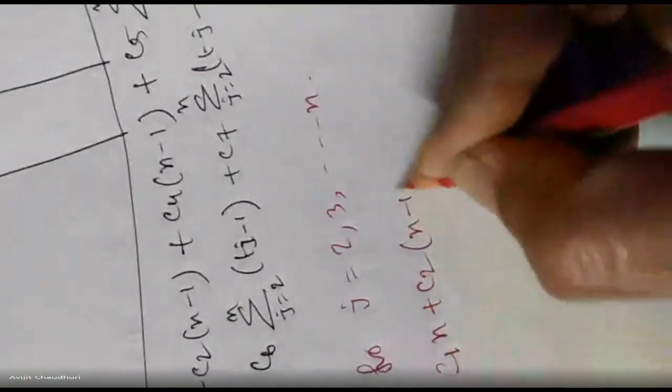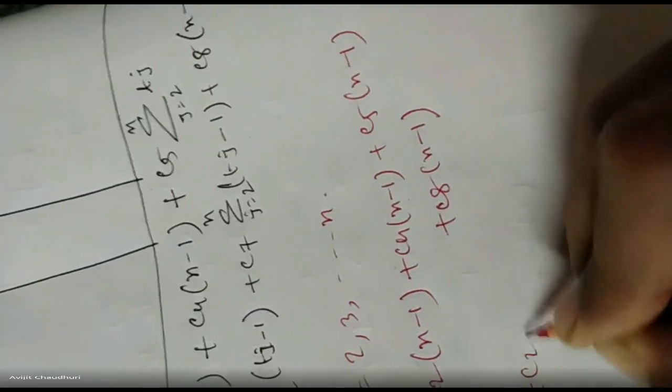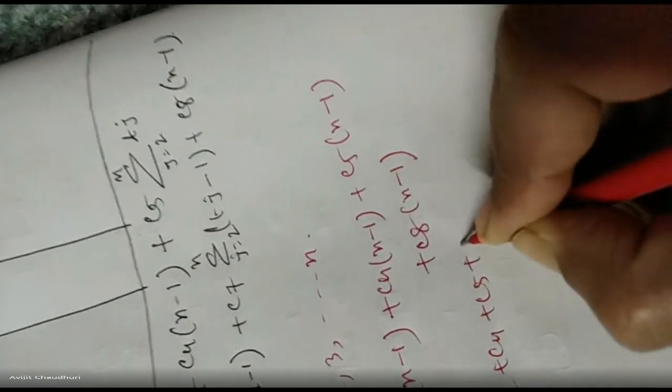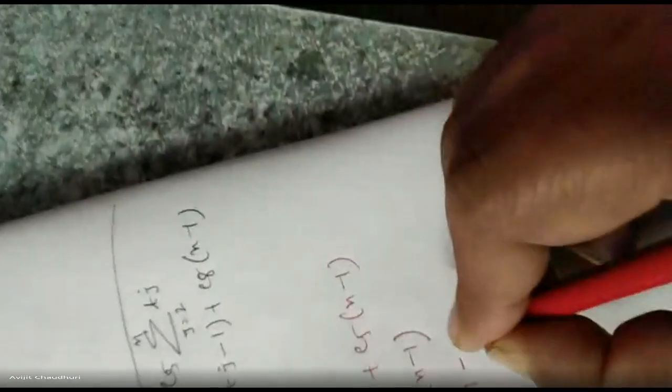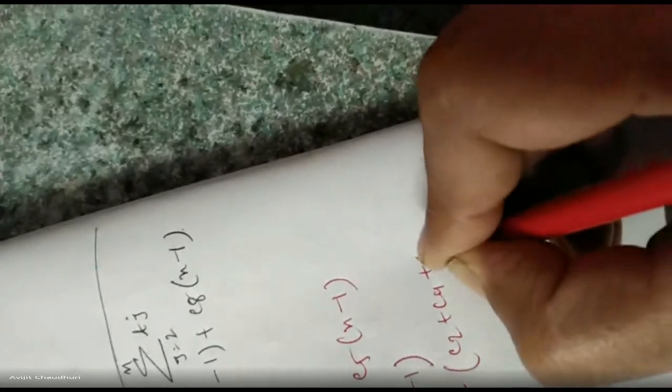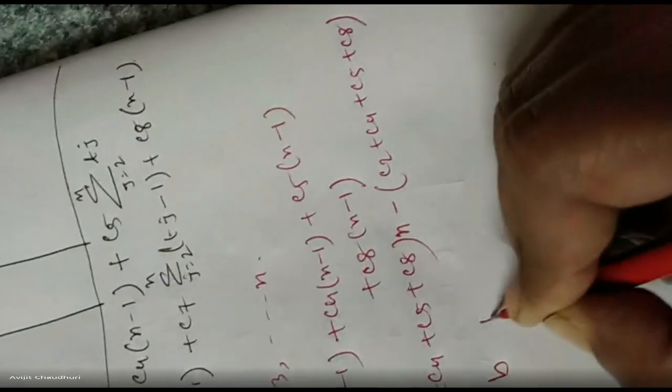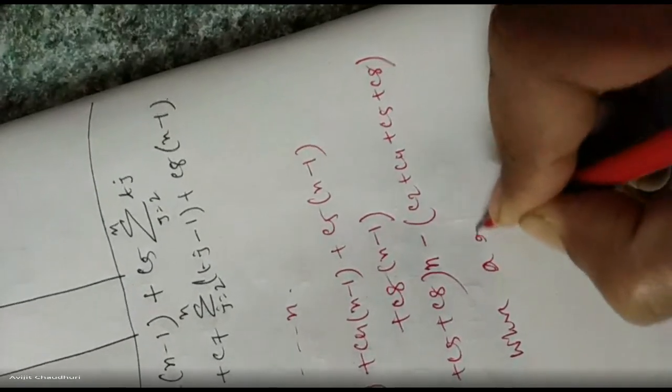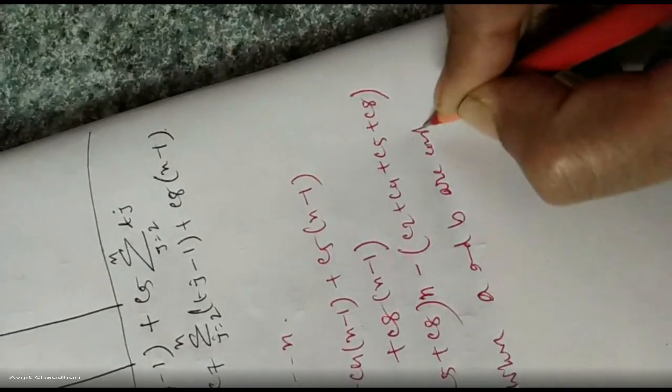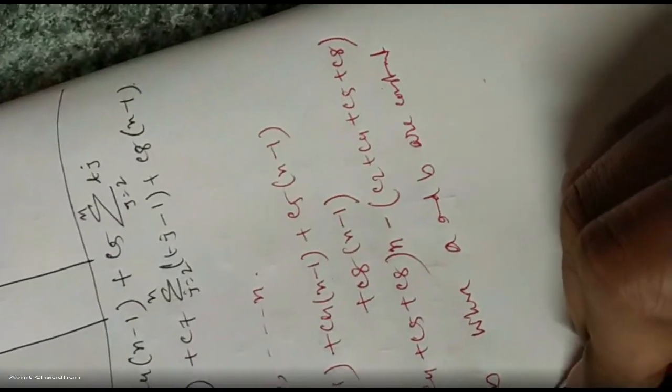So T of n in that case is equal to C1 n plus C2 into n minus 1 plus C4 into n minus 1 plus C5 into n minus 1 plus C8 into n minus 1, which is equal to (C1 plus C2 plus C4 plus C5 plus C8) into n minus (C2 plus C4 plus C5 plus C8), which is equal to a n plus b, where a and b are constants, which is a linear function of n, equal to big O of n.